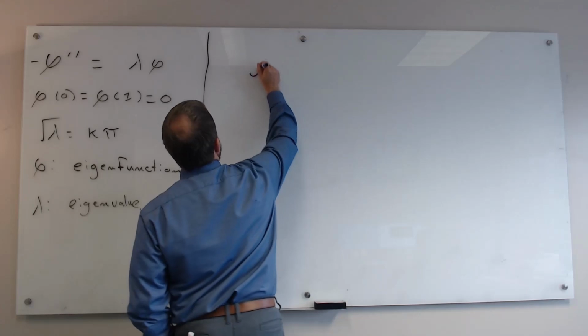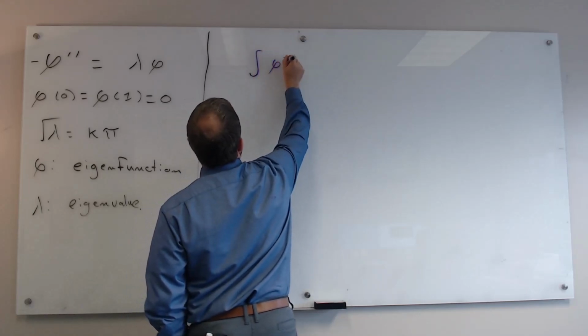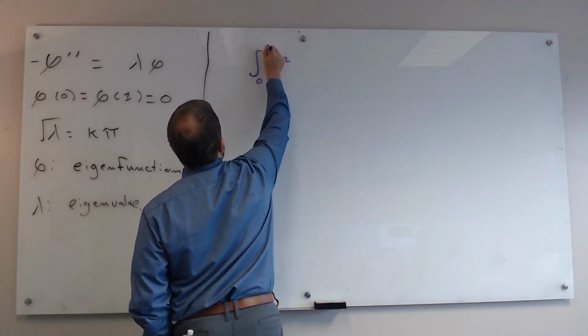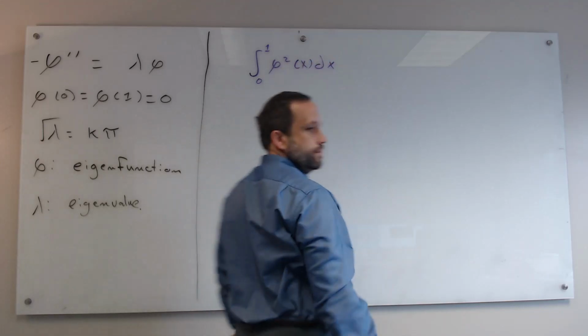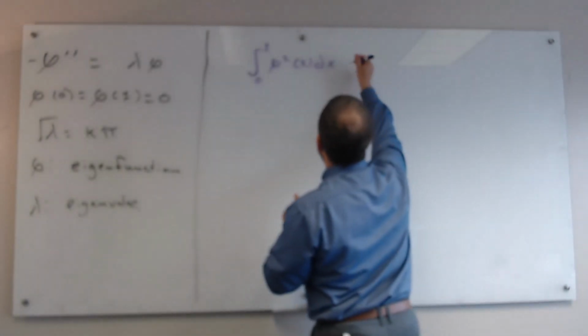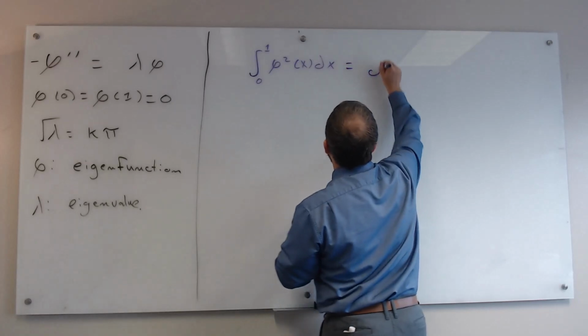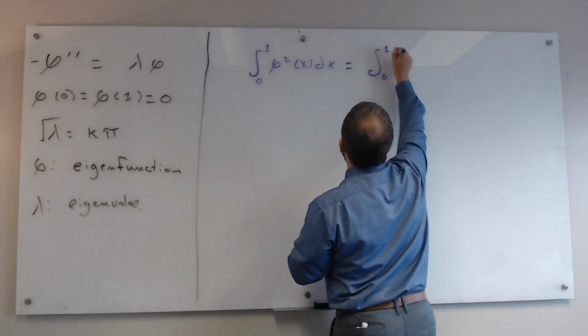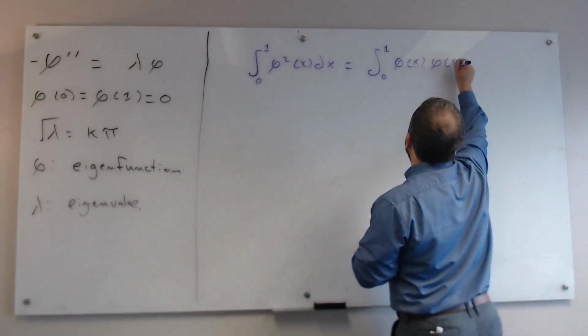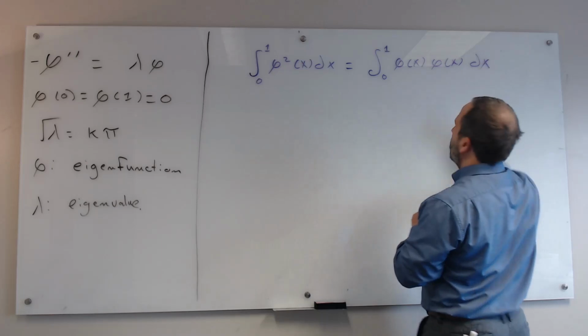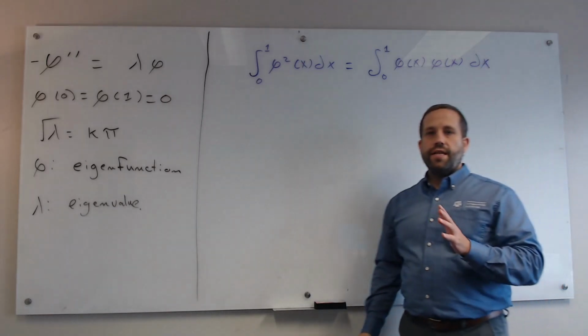Here's what we're going to do. I'm going to integrate phi squared from 0 to 1. Now, phi squared, of course, I can write as the integral from 0 to 1 of phi of x times phi of x dx. We're only dealing with real things.